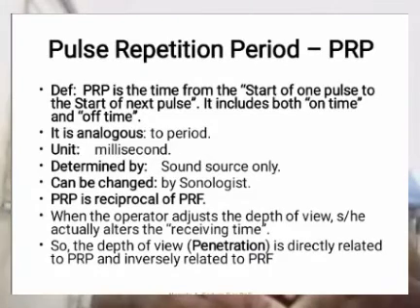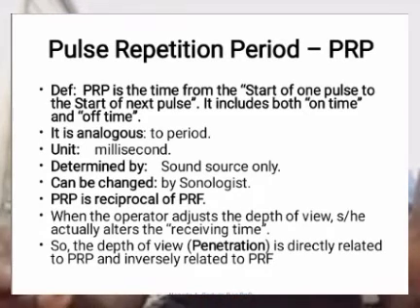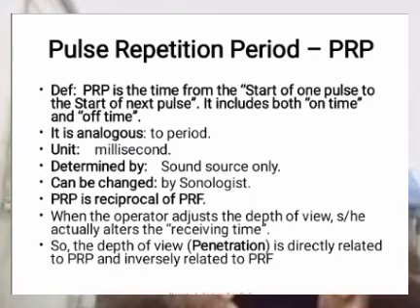Now let's look at PRP, pulse repetition period, and it's defined as the time from the start of one pulse to the start of the next pulse. So remember our chart, we have pulse, pulse, pulse. The start of one pulse to the start of the other is PRP. So it includes both the on time and the off time.